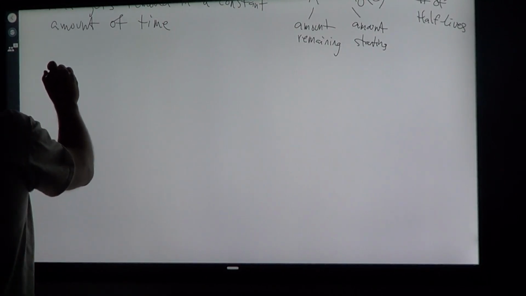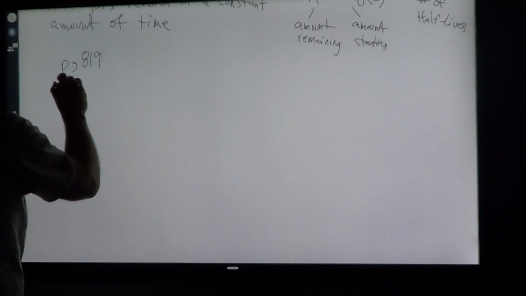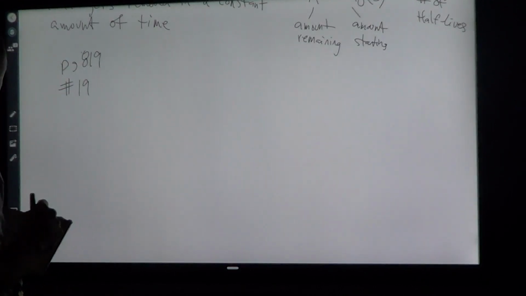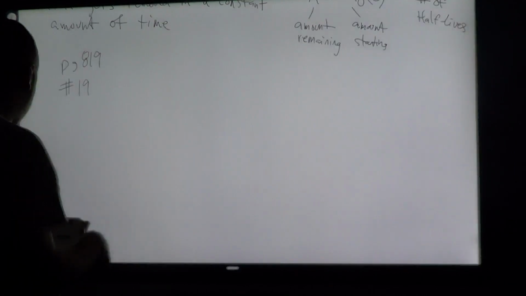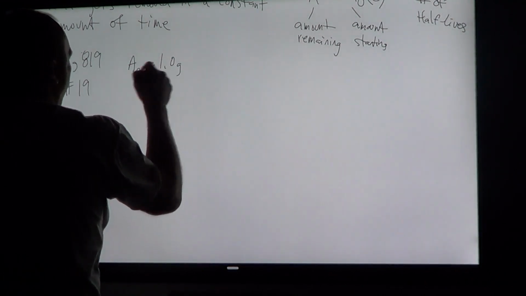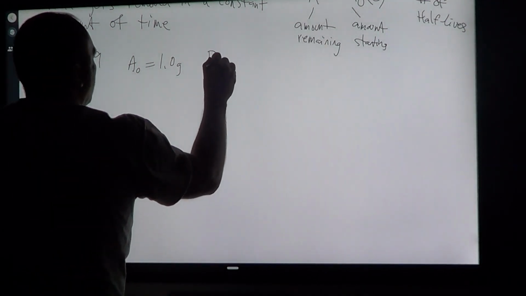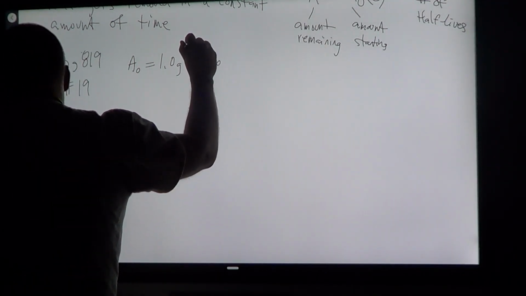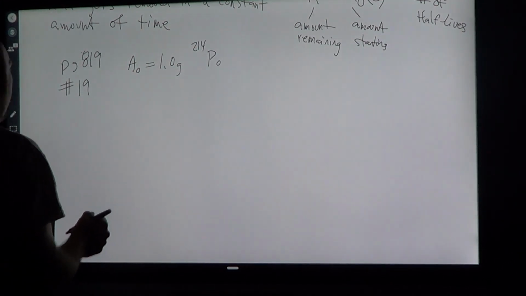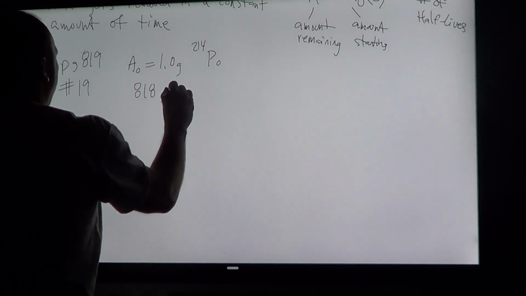So number 19 on the same page. So page 819, number 19. It says to use the half-life given on the table on the page before, which we'll look up in a second, how much of a 1 gram sample of polonium 214 will be remaining after 818 microseconds.